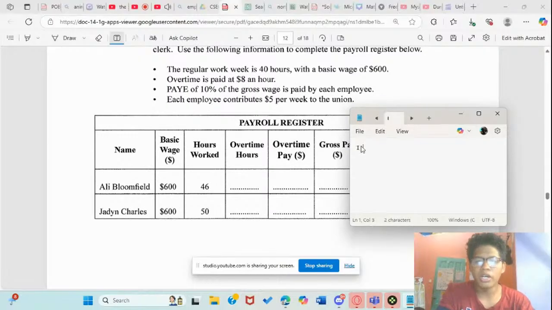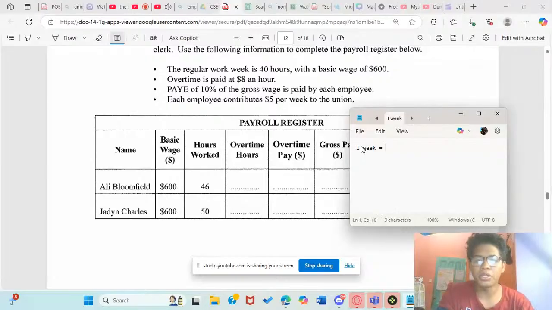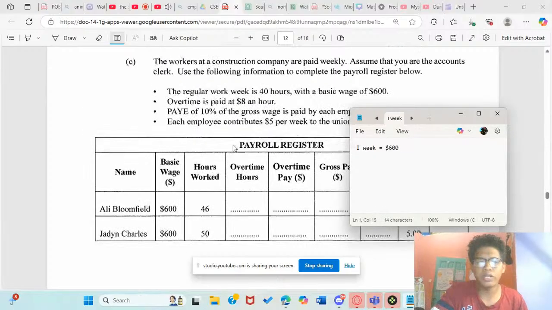So 1 week is equivalent to $600, right? Any overtime is $8 an hour.